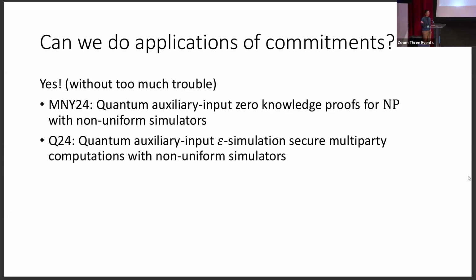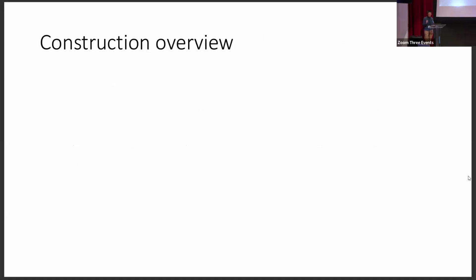On the other hand, we only get epsilon simulation security instead of negligible, but it's still good enough for most applications. I'm not going to explain these in detail, but you should take a look at the paper if you're interested. Okay, so now let me actually tell you how we construct the quantum auxiliary input commitment.